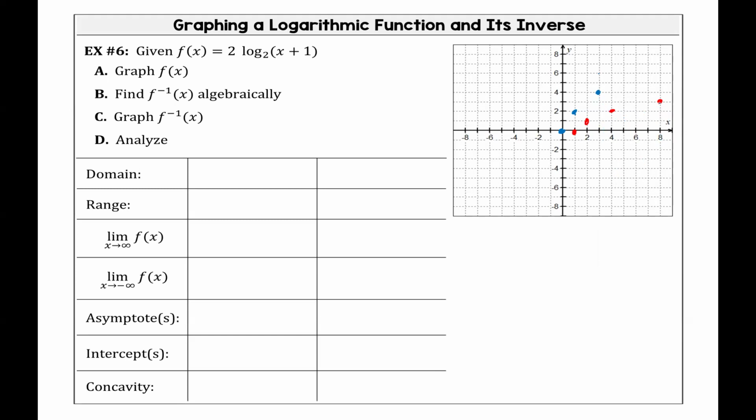So for (8, 3), I go left 1, and 3 times 2 is 6. So now I shifted and I stretched. That also caused my asymptote to move. Instead of my asymptote being at 0, my asymptote is now where? At x equals negative 1.